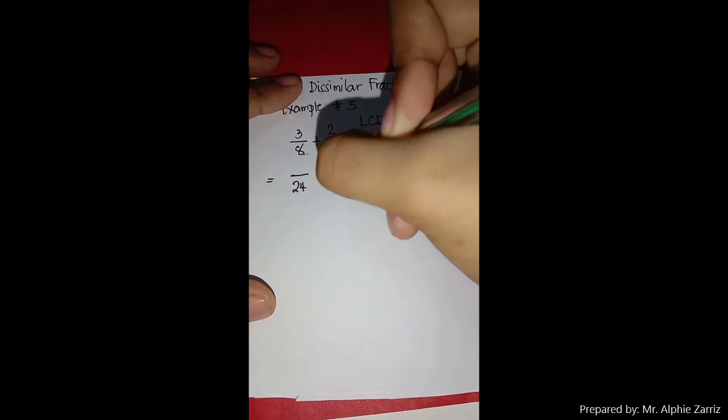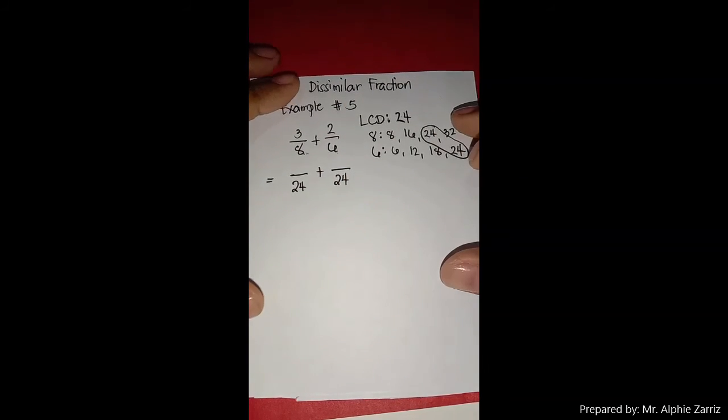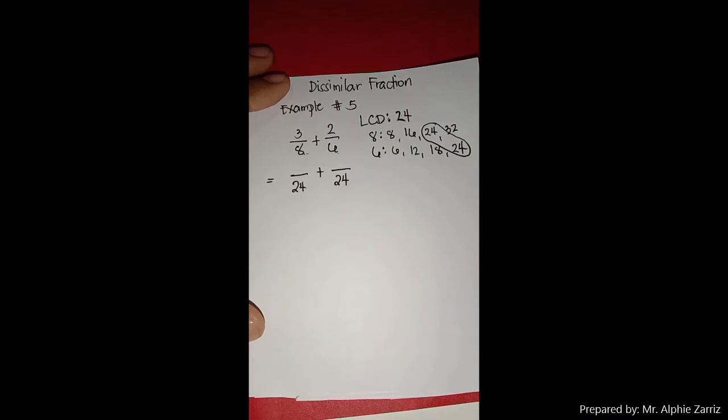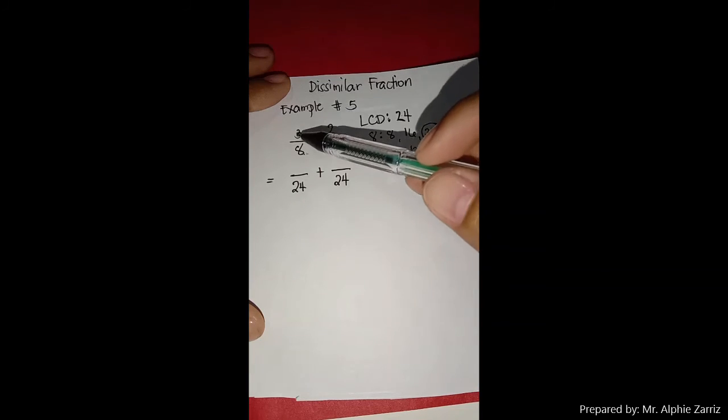So, automatic, magkakaroon tayo ng bagong denominator. At kung mapapansin nyo, similar na sila. Now, the next step is we need to multiply the factors na nakuha natin by the numerator.